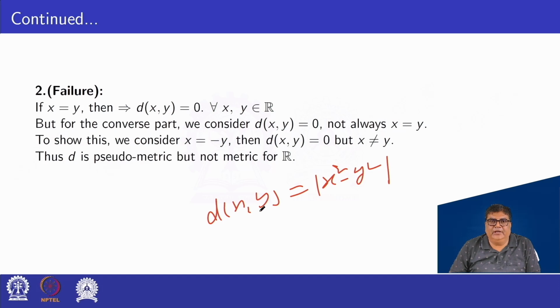Because if dxy is equal to 0, then x square minus y square is equal to 0, that is, y is equal to plus or minus x. So we consider x is equal to minus y, then dxy is equal to 0, but here x is not equal to y. Thus D is a pseudometric but not a metric for R.